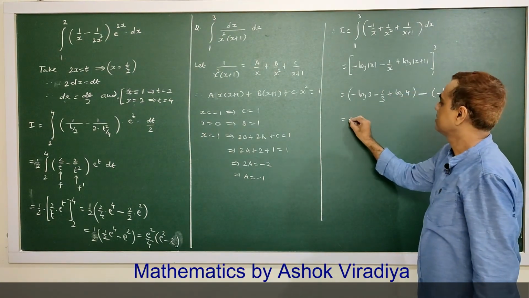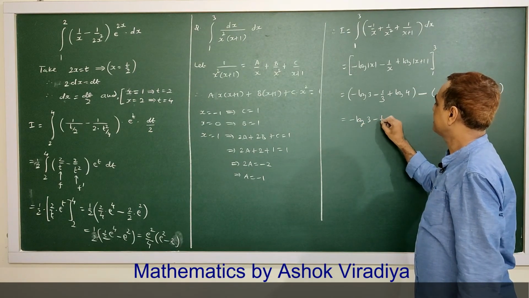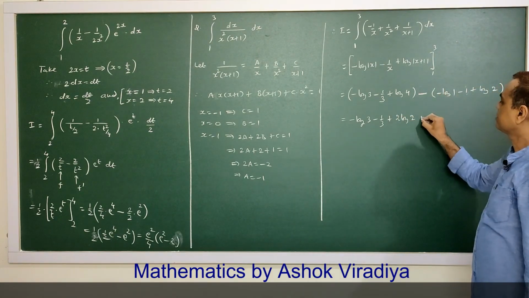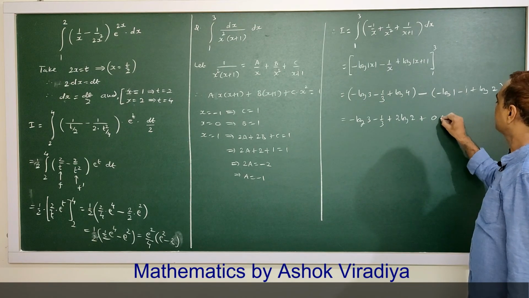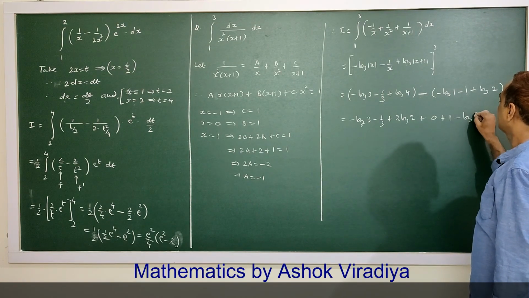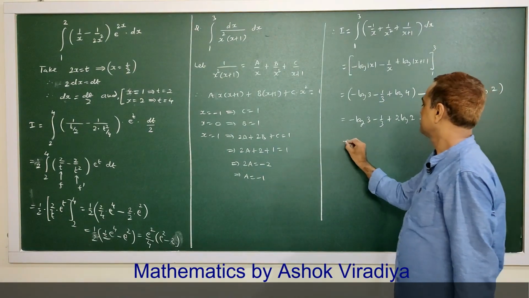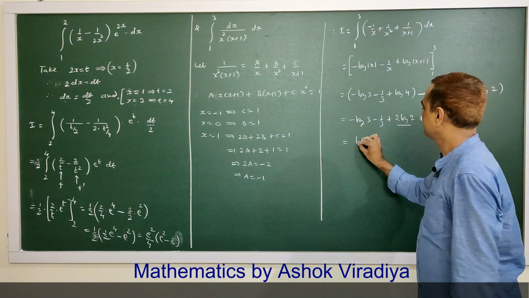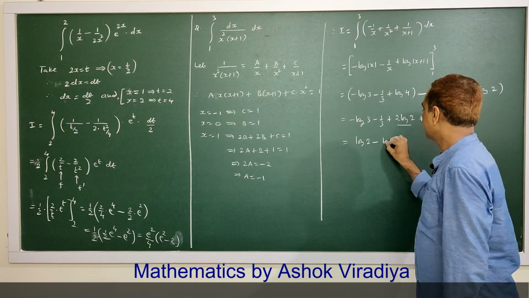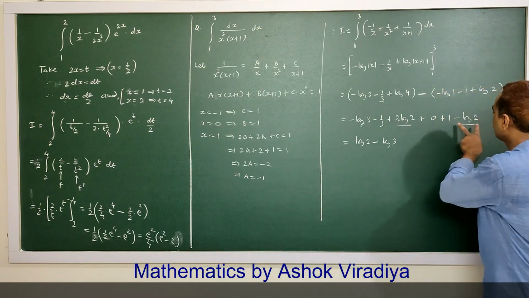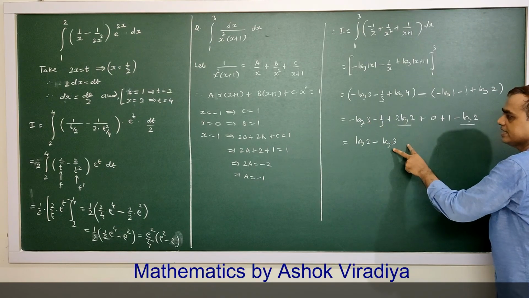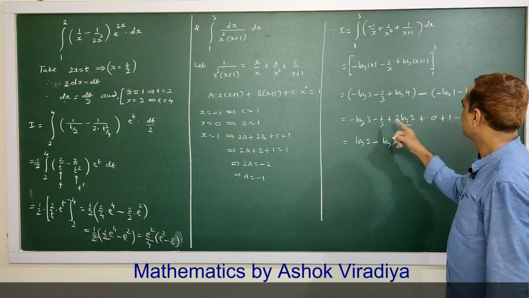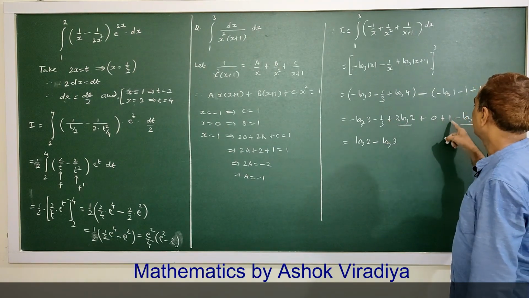So this is minus log 3 minus 1 by 3, this is 2 log 2, minus, minus, plus log 1 is 0, minus, minus, plus 1 minus log 2. So this is 2 log 2 minus 1 log 2, that is 1 log 2, minus log 3 as the second term, and minus 1 by 3 plus 1. So 1 minus 1 by 3 is equal to 2 by 3.